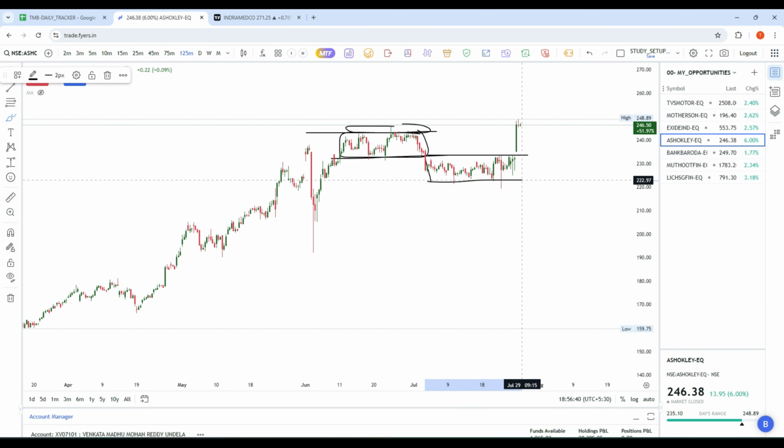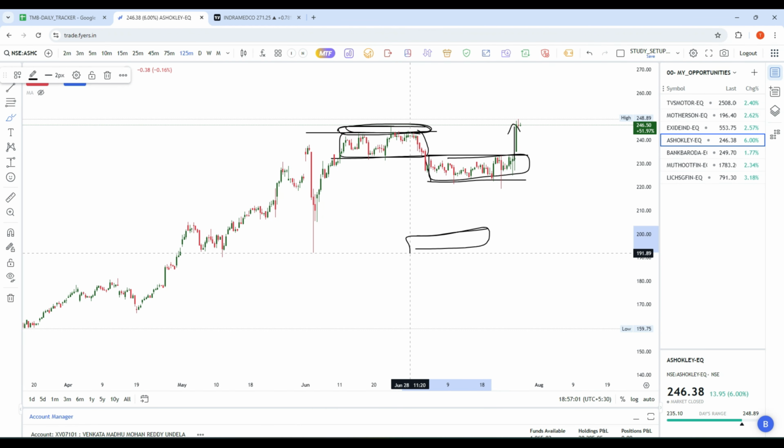Okay, it went up. Now see here, a lot of sellers created sell positions here, sold it here. Here a lot of buyers went in. Now it reached the point where more sellers are there. This is the place where more sellers are there.